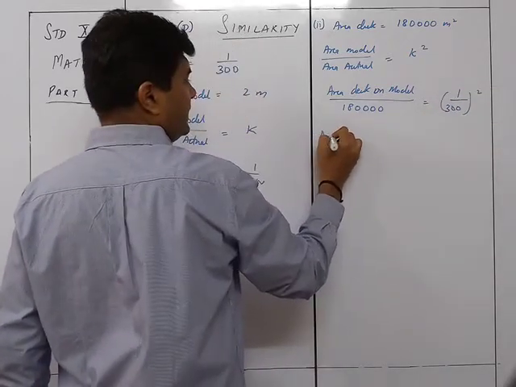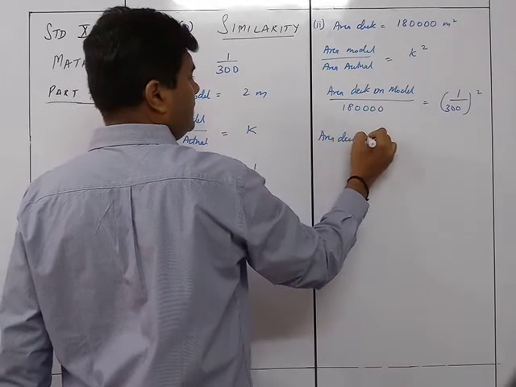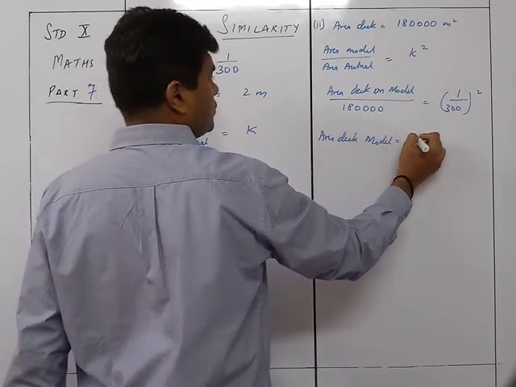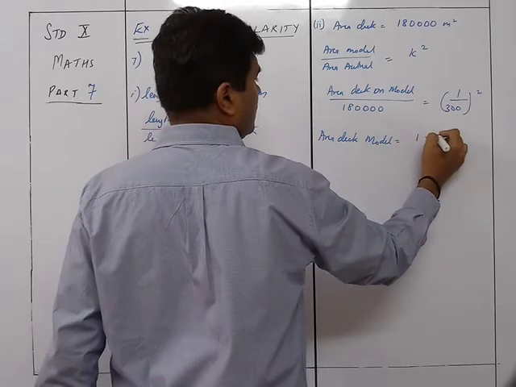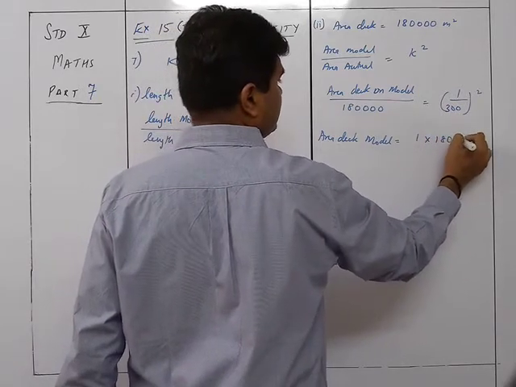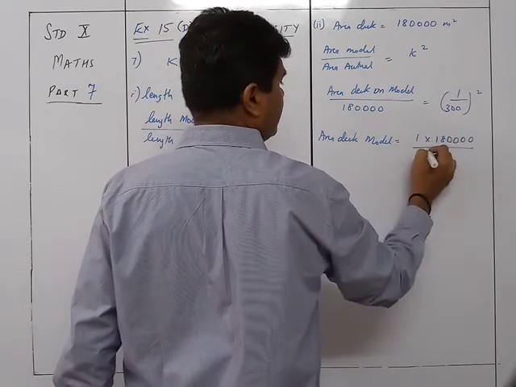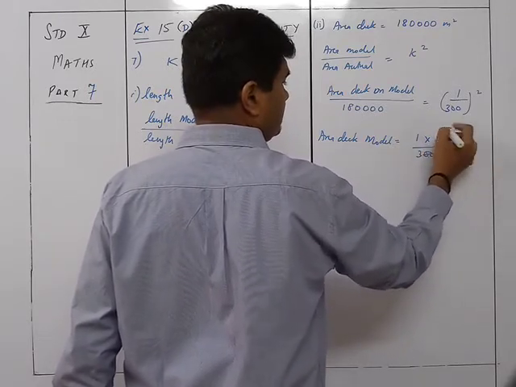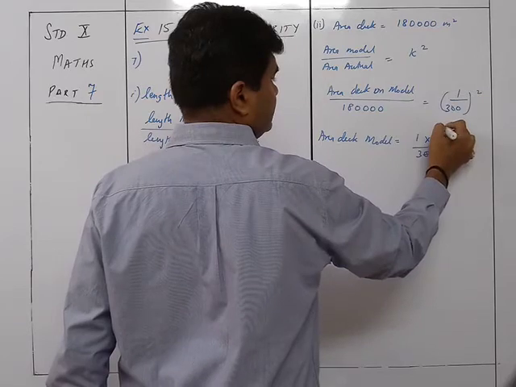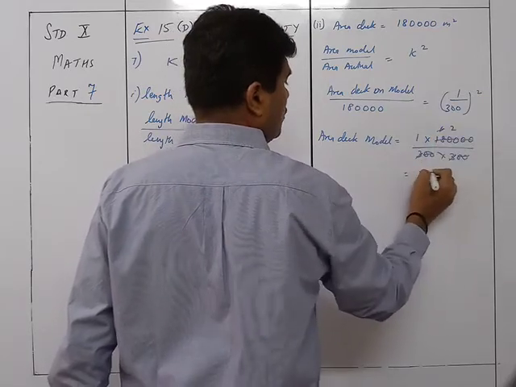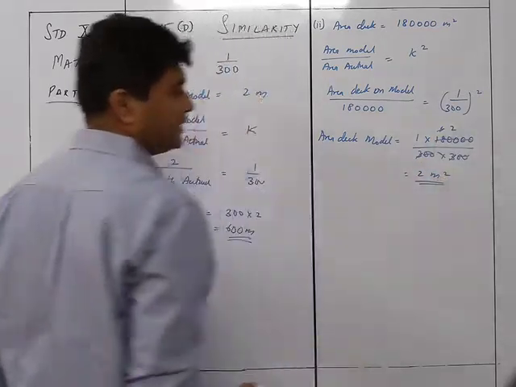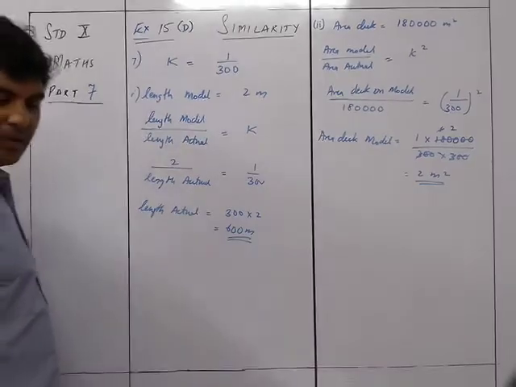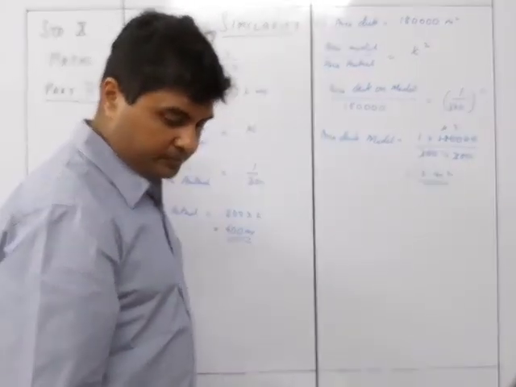So area of deck model is equal to 1 into 180,000 upon 300 into 300, which will be 2 meters square. The answer is 2 meters square, the area of the deck on the model.